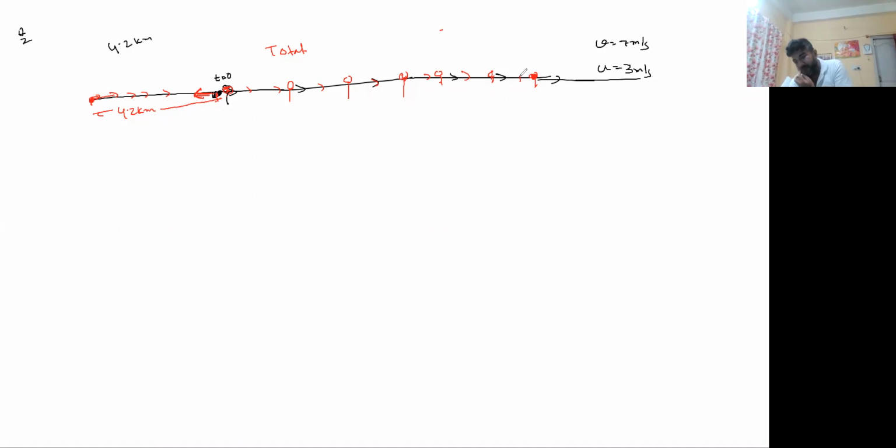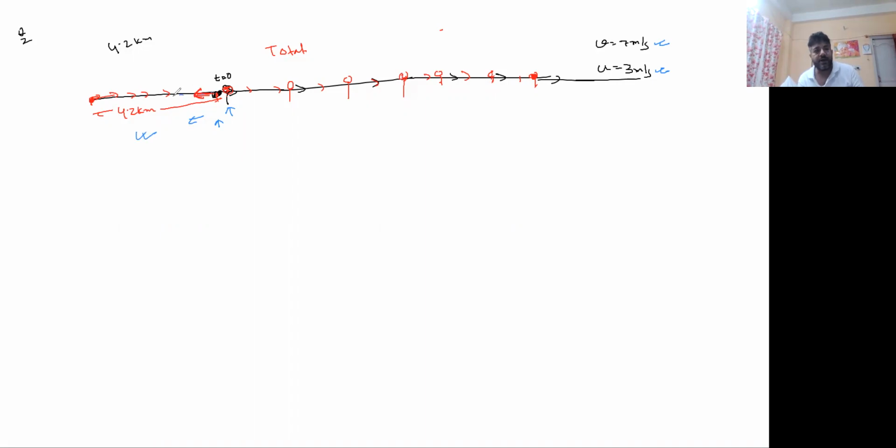Now you see the question again. The speed of a motor launch with respect to still water is 7 meter per second, and the speed of the stream is 3 meter per second. When the launch began to travel upstream, a float was dropped from it.